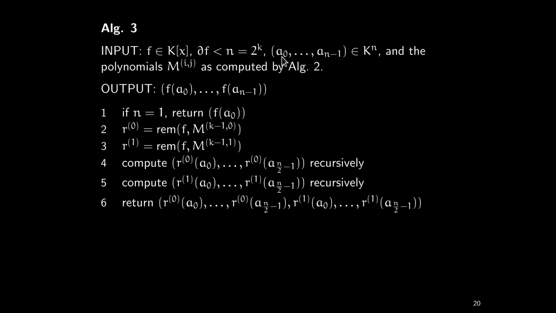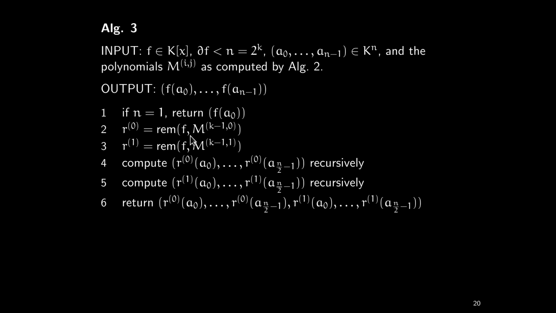It's the polynomial of all the x minus a for all the a's, but this here is just the product of x minus a for the first half of the a's, and this is the product of the x minus a for the second half of the a's. So the degree of this M here is n half, and the same here. So I'm dividing here a polynomial of degree n by a polynomial of degree n half. So this will cost something. This is not for free.